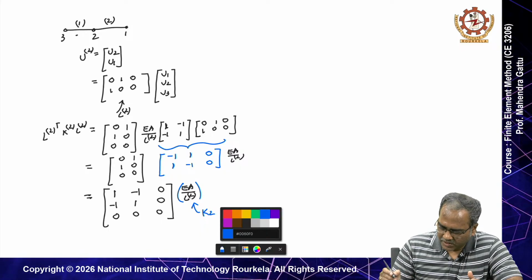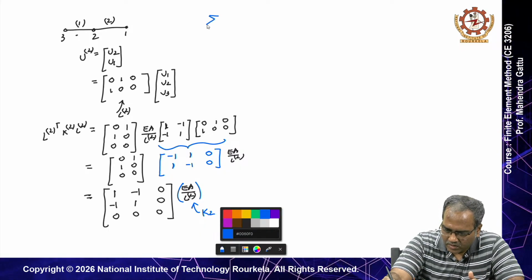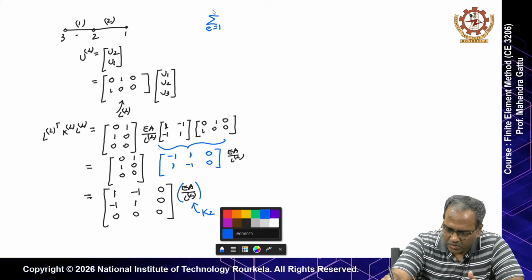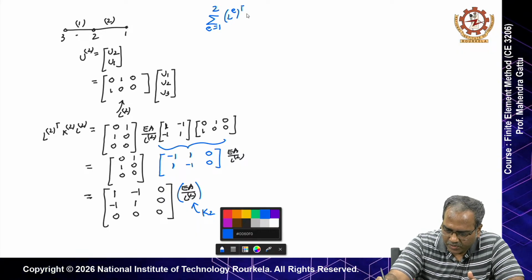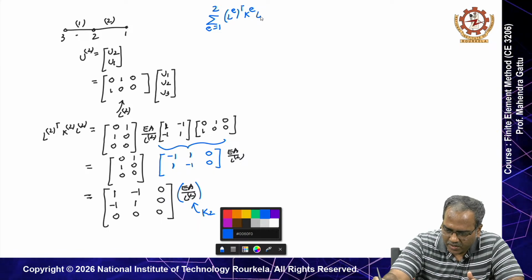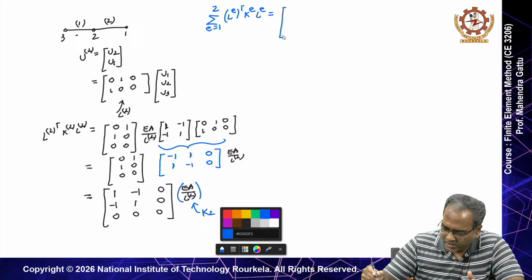If you do the summation over e equal to 1 to 2 of L_e transpose K_e L_e, it will be a summation of two matrices.